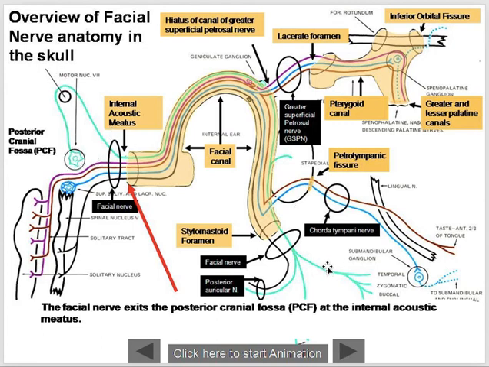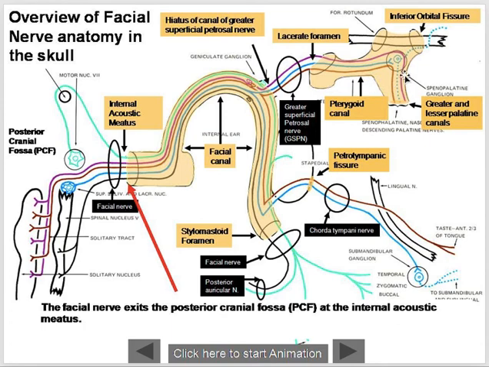And what is left, this one is done, this one is done. You can see this black one, which is the posterior auricular nerve, and if you track it back, it will go back towards the sensation. Why? Because there's a nerve which is getting the sensation as well. So anyhow, this is how it is represented, right?